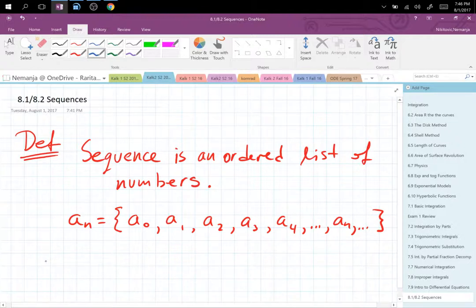Ordering is done through natural numbers n.